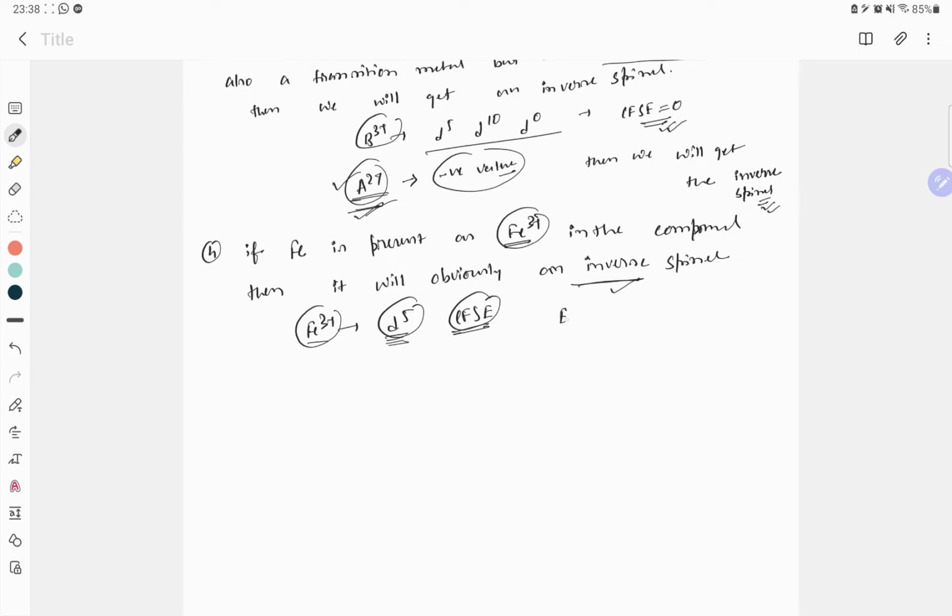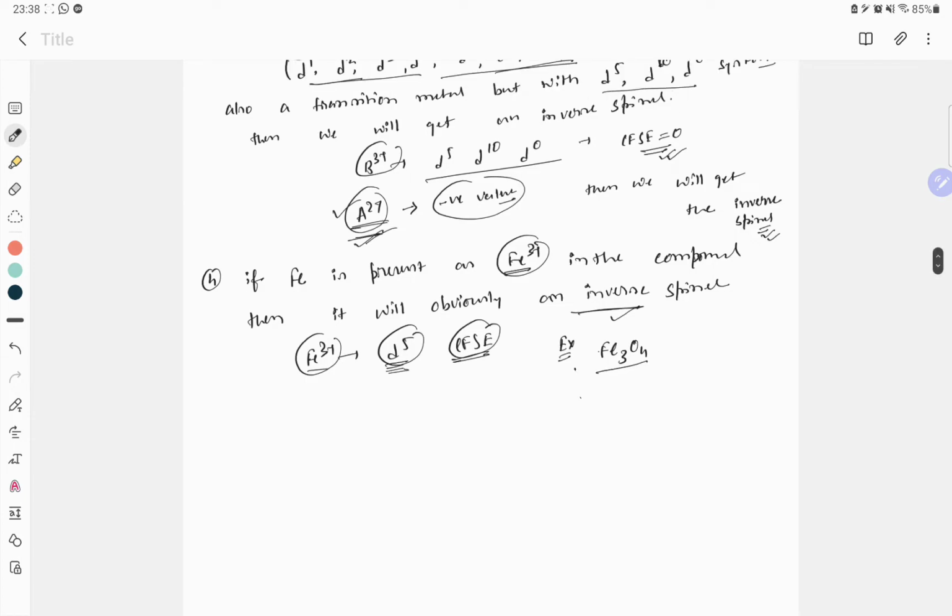For example, Fe3O4 is Fe2+ and Fe3+. For Fe3+ the CFSE is 0, and for Fe2+ the CFSE is a negative value. So this will be an inverse spinel.